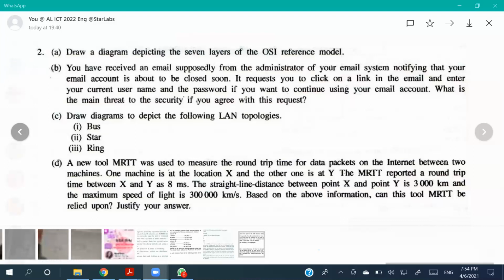Yes, Jinani, your first part is correct, the OSI reference model. The second part, yes, okay.